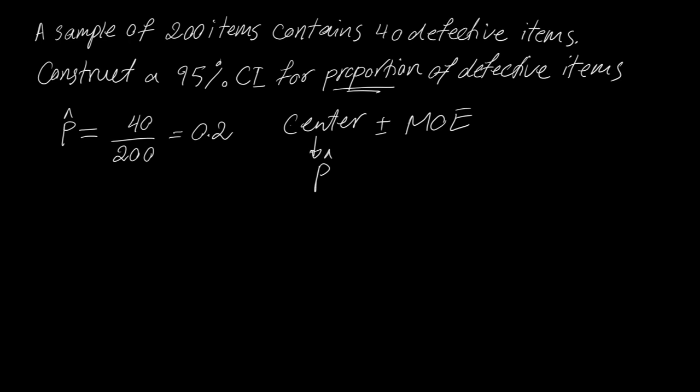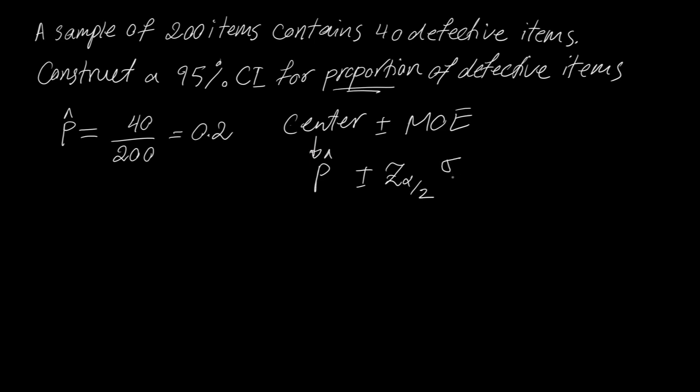For margin of error, because the sample size is 200, you are allowed to use z or normal distribution. So you have z of alpha half. And then we need sigma over square root of n, but we don't know the standard deviation, right?